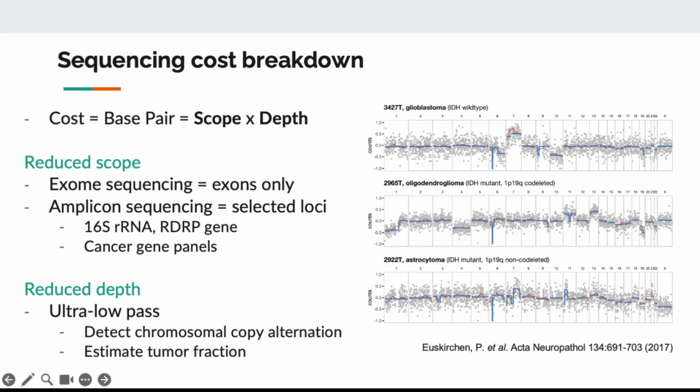Another aspect is the sequencing depth. If you want to identify a mutation, you want a high depth, because if the mutation rate is 2%, then you need to see, let's say, 100 molecules, and 2% of the molecules will contain the mutation. So you need a lot of reads for that.